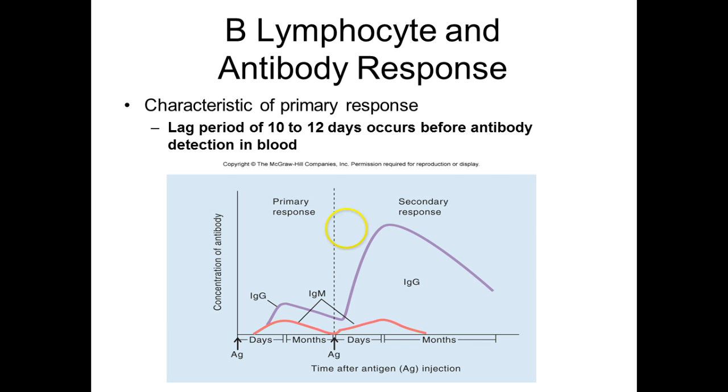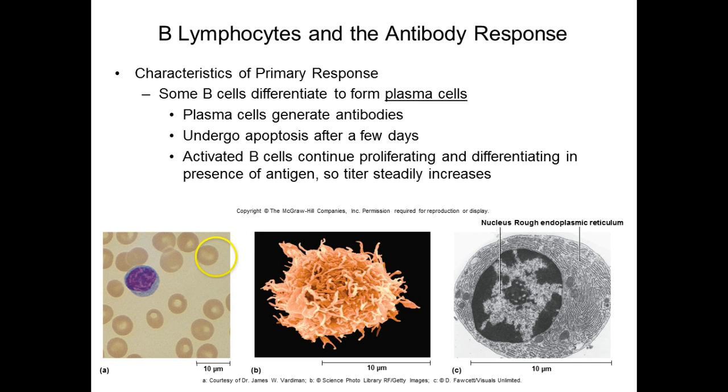So the same holds true for those plasma cells. They're going to undergo apoptosis after a few days when antigen is no longer present. Apoptosis, remember, does not elicit inflammation, right? This is programmed cell death. If every time one of our cells died, we went into inflammation, we'd be in a constant state of inflammation.